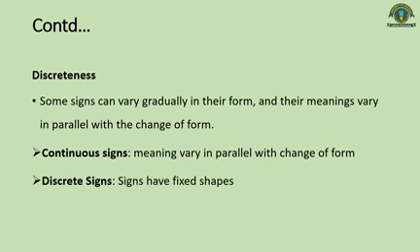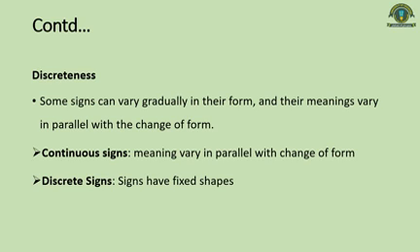Okay, now we talk about discreteness. Students, some signs can vary gradually in their form, and their meanings vary in parallel with the change of form, like a fisherman's indication of the size of the one that got away.